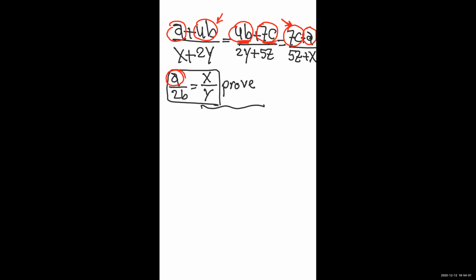So 4b on the first ratio is positive, and here 7c is positive, so 4b and 7c in the middle are also positive. If I multiply the middle term by -1, 4b and 7c will become negative. Then after adding the three ratios, 4b and -4b become 0, and 7c and -7c also become 0. So the remaining will be 2a.